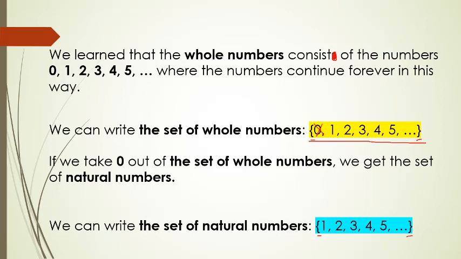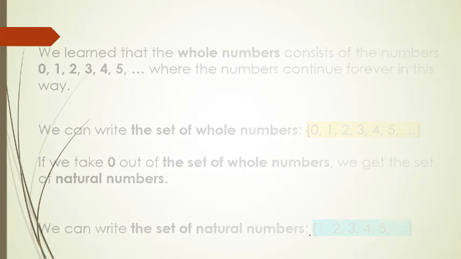And let me tell you guys, we call these numbers natural numbers because when you were learning to count, you started to count from 1. Naturally, this is what we do. We start counting from 1. And they have another name. The set of natural numbers have another name. We call them the counting numbers.